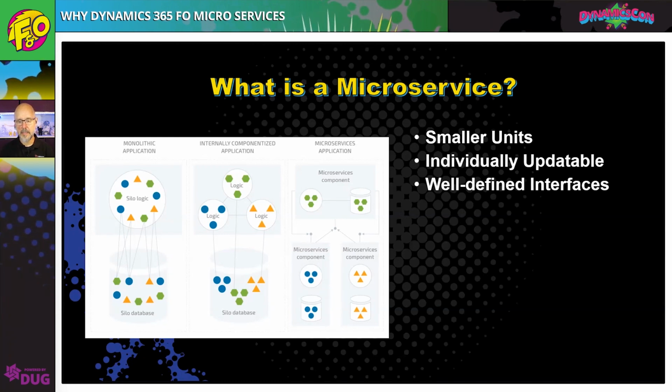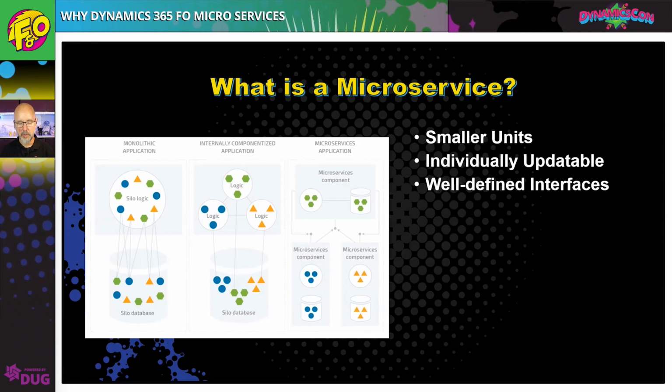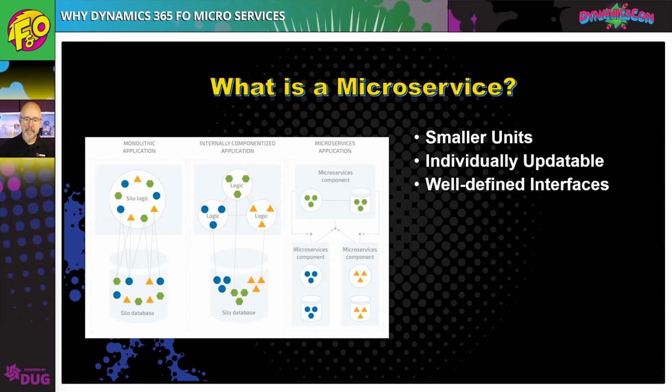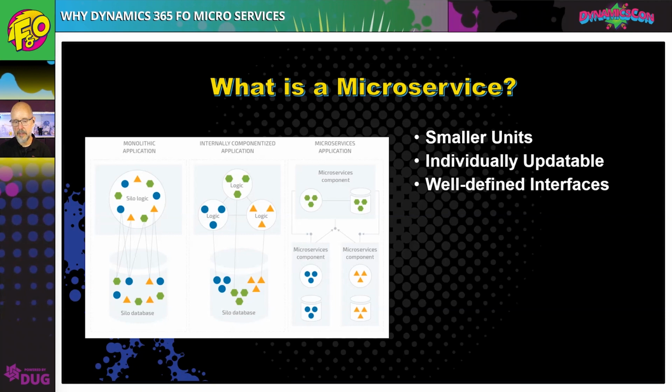You can update them individually, and they are connected through well-defined interfaces. So just because you update one of the units, you don't have to update all of them. As long as you keep the interfaces intact, everything should be fine. There are of course reasons why it might not be, but normally everything should be fine, and you should be able to just switch one of those out and keep running with the new ones as well.